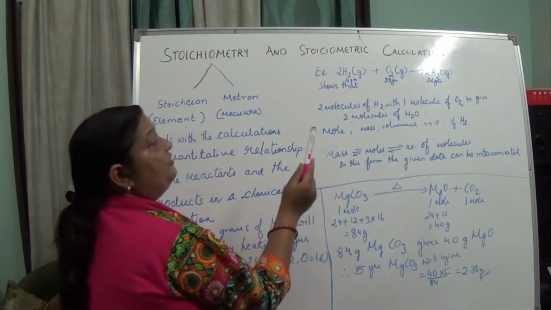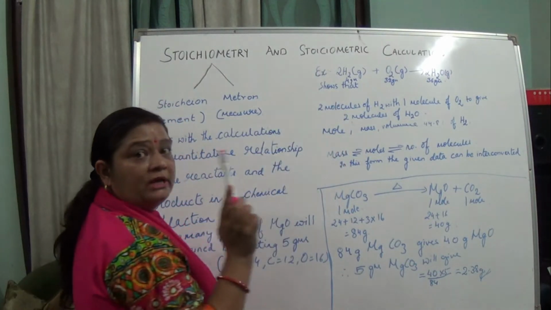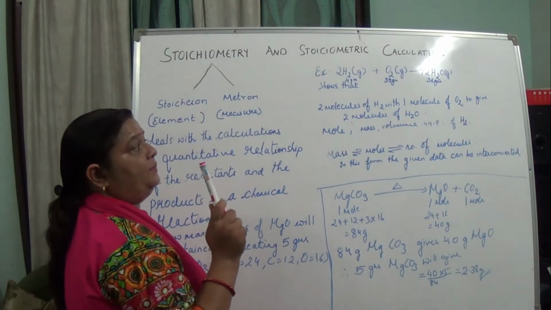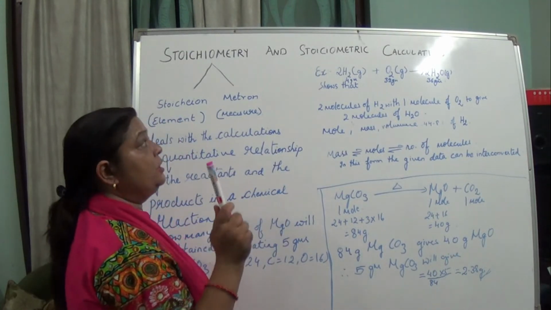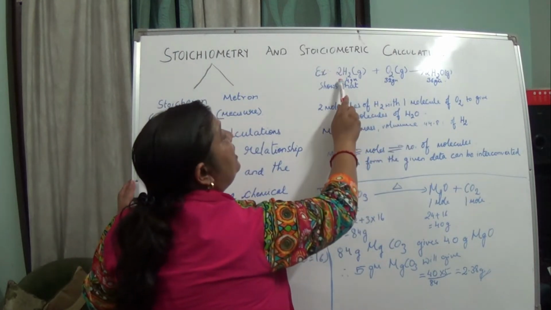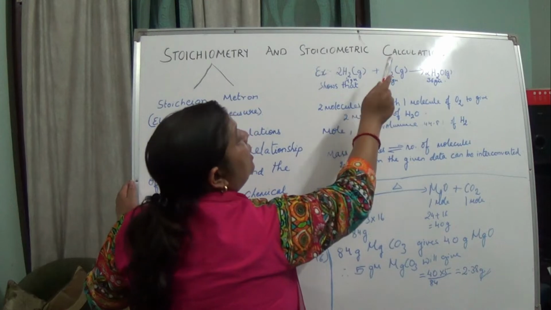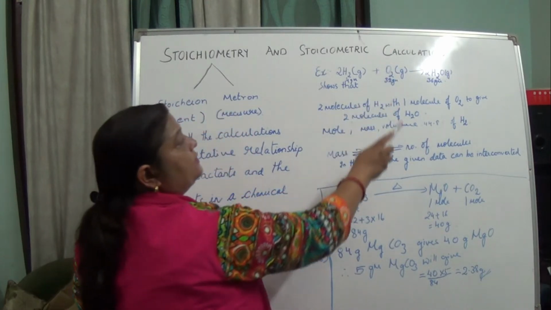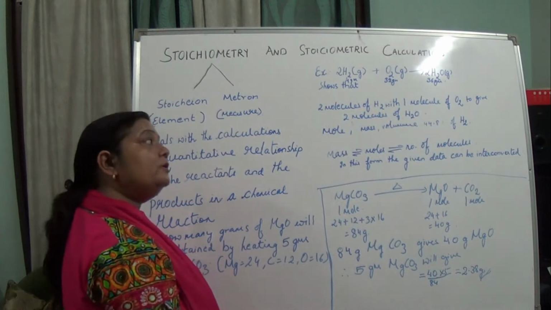Now if we are talking about volume, at STP 1 mole occupies 22.4 liters. But here it is 2 moles, so 44.8 liters of hydrogen reacts with only 22.4 liters of oxygen to give 44.8 liters of water.